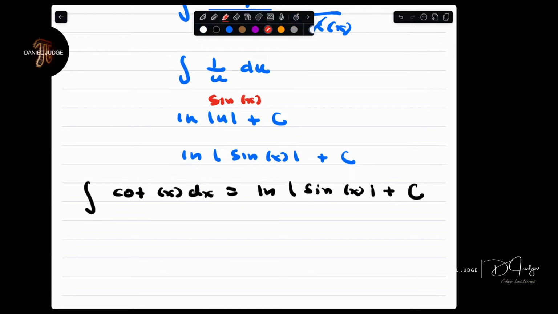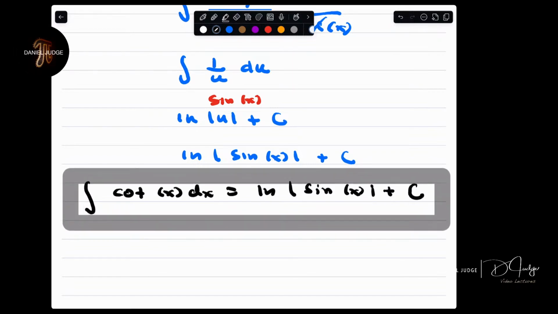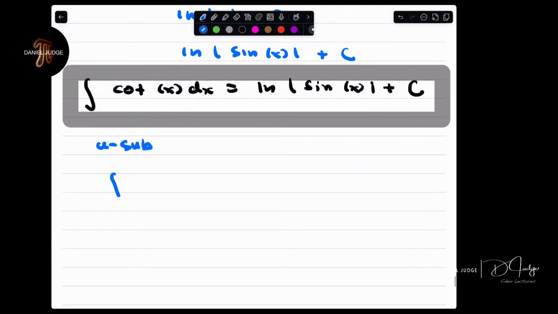So, ladies and gentlemen, here is the very famous formula on the integral of cotangent. Once again, you will have an integral formula. We get the u sub free of charge.